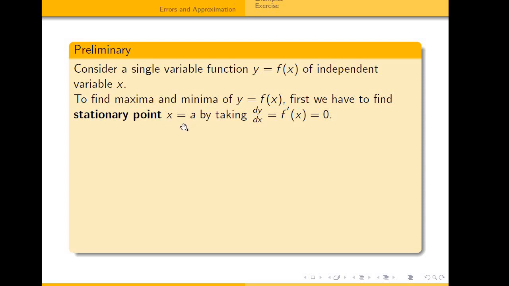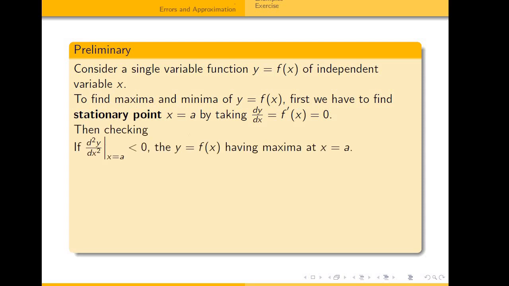For this stationary point, we have to decide whether it is a maxima or minima. For this, we have to find the double derivative d2y by dx2 and put in the value x equal to a. If this is less than 0, then the function has a maxima at x equal to a.